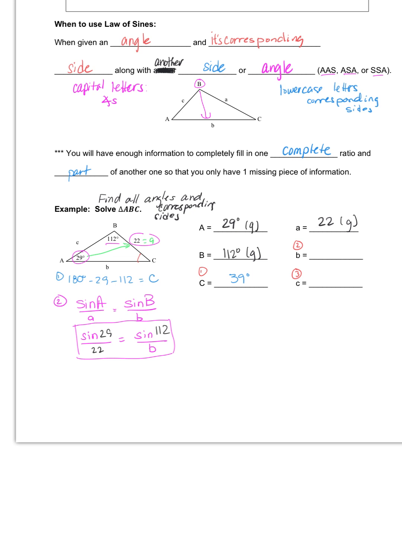So what I'm going to do here in this number 2 is finish us out. I'm going to cross multiply. I'm going to show this to you, but I probably won't do this all the time from here on out. Just going to show you for this one. Let me go back. I'm going to cross multiply, so it's b times sine of 29, which equals 22 times sine of 112.